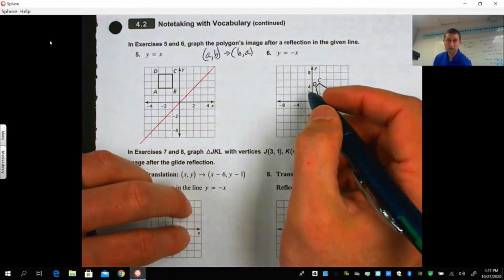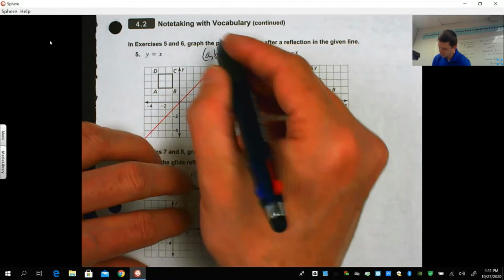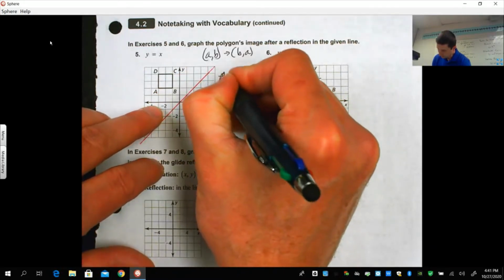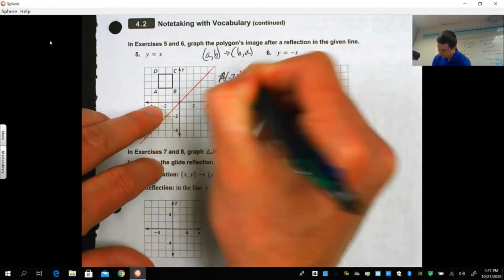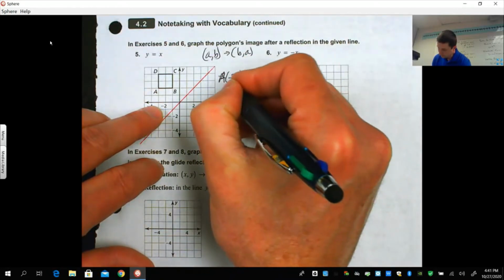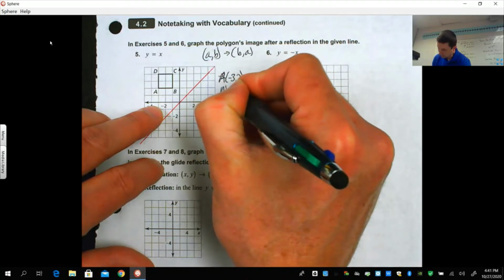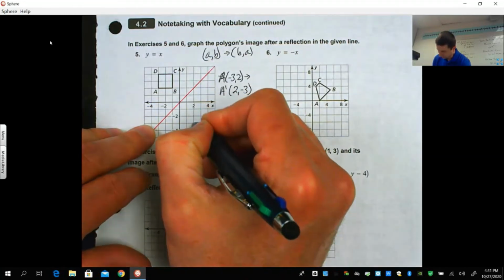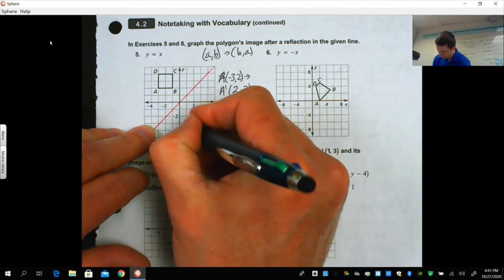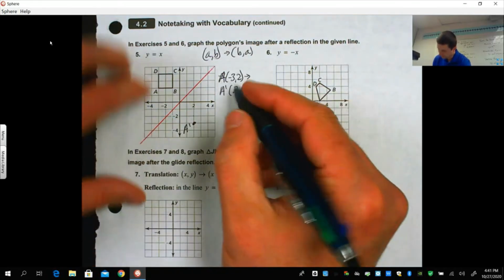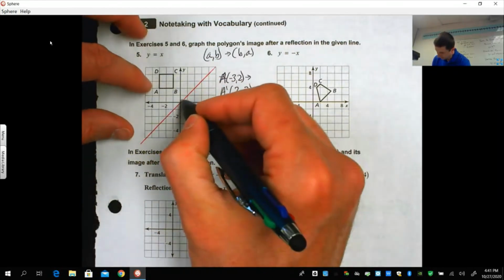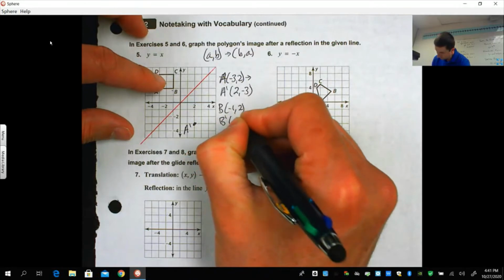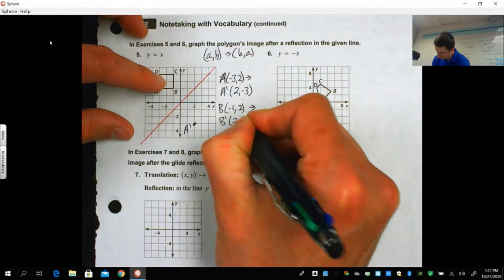You can always look back on your chart and see what it is. So A is negative 3, 2. That's going to map A prime to 2, negative 3. There's A prime. B is at negative 1, 2. B prime then is going to be at 2, negative 1.